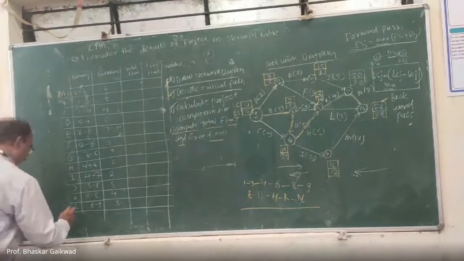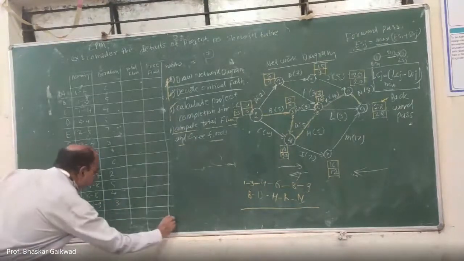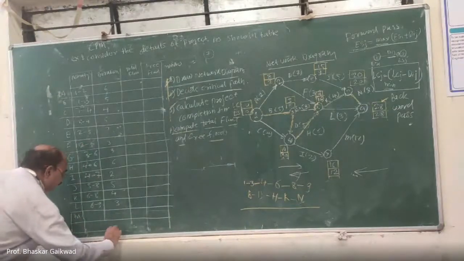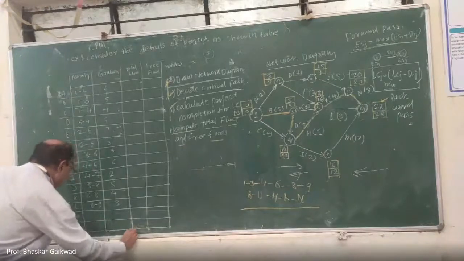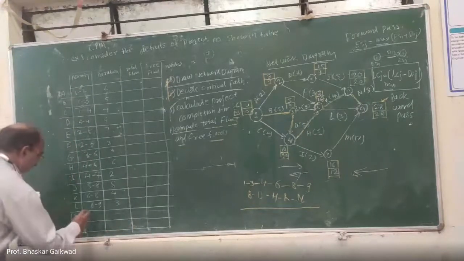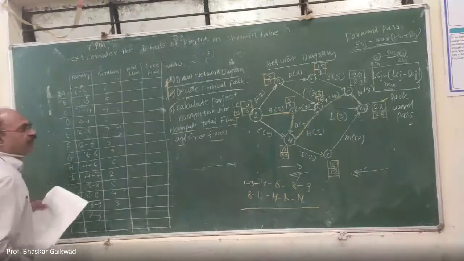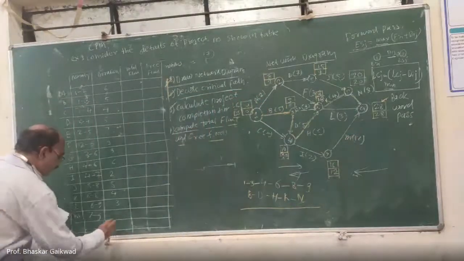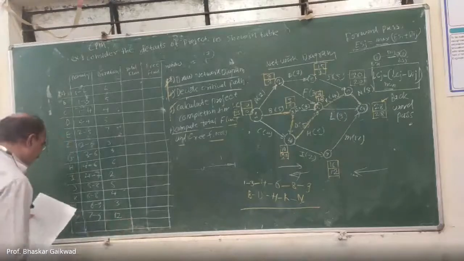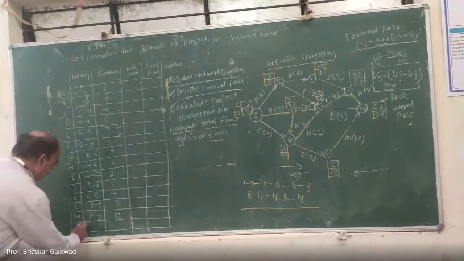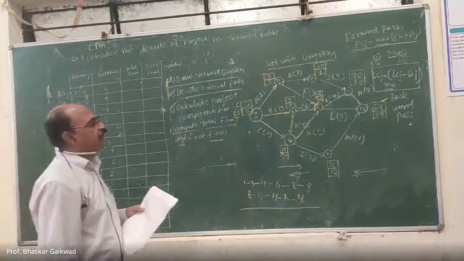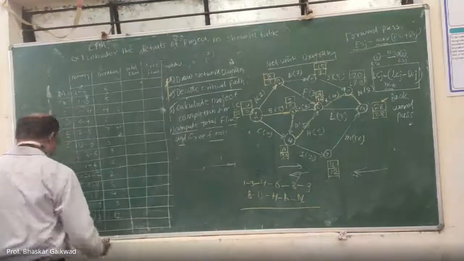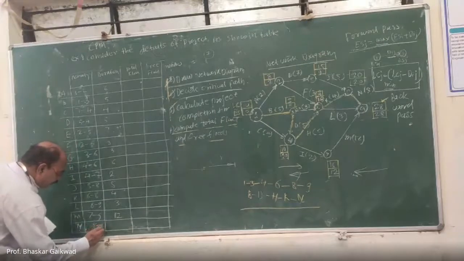After that, M is there, activity 7 to 9, and the duration is 12. Then activity N, 8 to 9, and the duration is 8.